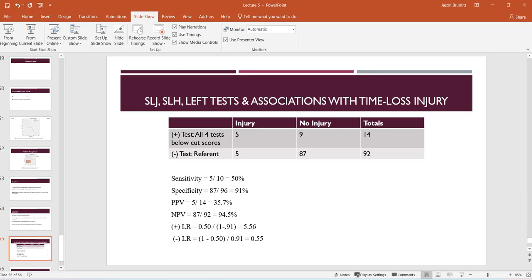There were 5 injuries in each group, but you can see the proportions were really different. And so the sensitivity and specificity, you can calculate that. So you can think about this as a quote unquote test. How good is this as a test for helping you understand the risk somebody is in?